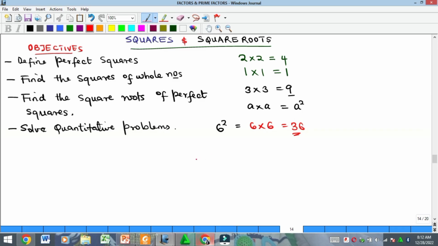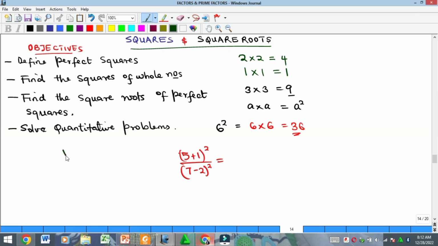Some other examples we might see is, for instance, one is asking you to evaluate (5 plus 1) all squared all over, let's say, (7 minus 2) all squared. This is just asking you to do the sum in the bracket.